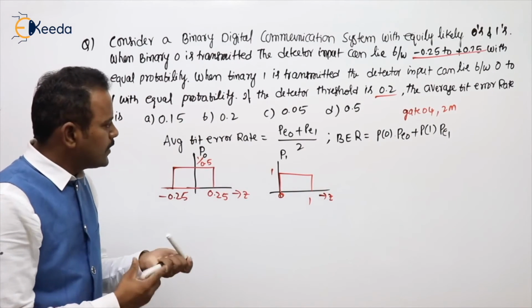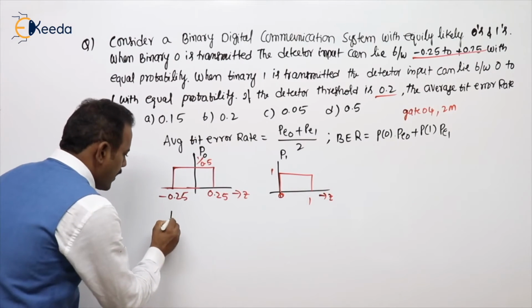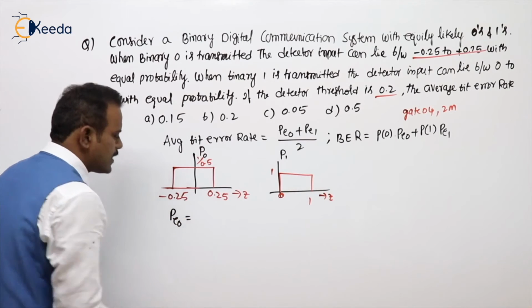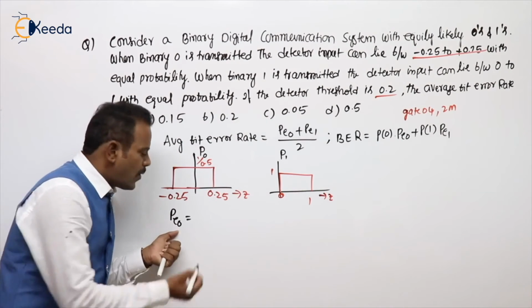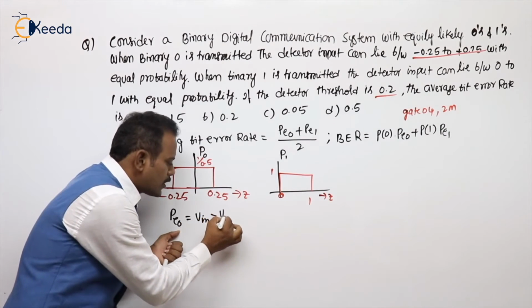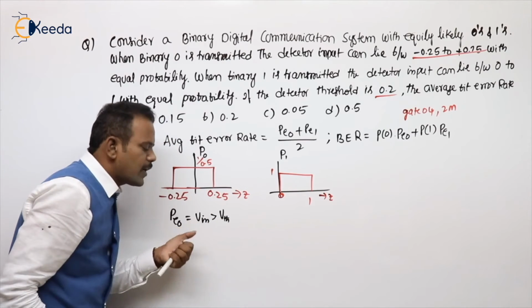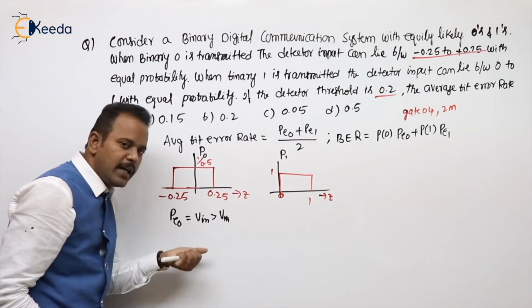Now calculate probability of error for 0 as well as 1. So probability of error for 0 you will get whenever input is greater than threshold. If input crosses the threshold, it will be treated as a 1, meaning 0 transmitted is treated as 1.